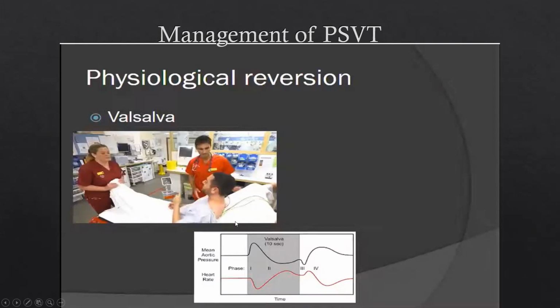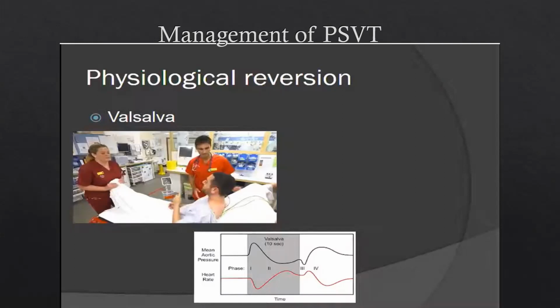In the initial stage, when he blows into the syringe or the tube, after the pressure is sustained, blood volume is forced into the legs and head, causing neck vein distension. The drop in preload means the atrium is stimulated and the heart pumps harder and faster to make it up, and the blood pressure drops.